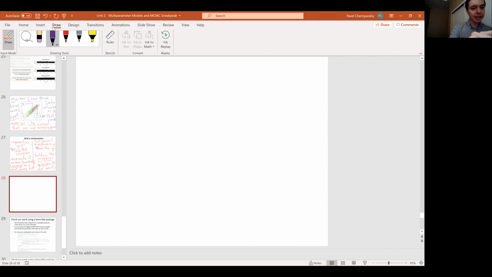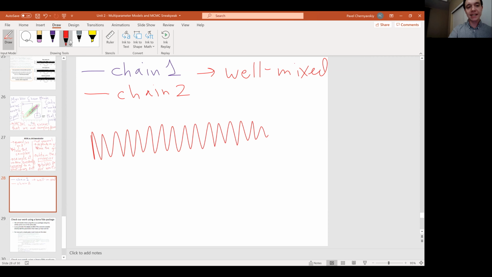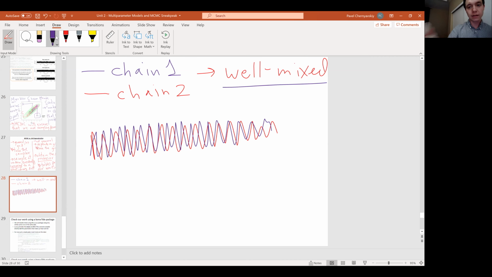If I have one chain, and now I have another chain, we really hope they found the same posterior distribution. We really hope that they are well mixed. So here is a stationary distribution as seen by the second chain, and here is the stationary distribution as seen by the first chain. So these are well mixed trace plots.